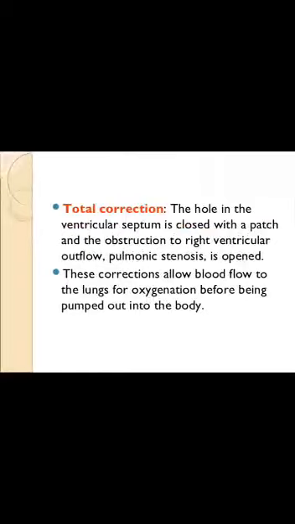Next, total correction, which is a permanent correction. In total correction, the hole in the ventricular septum is closed with a patch and the obstruction to right ventricular outflow, the pulmonic stenosis, is opened.